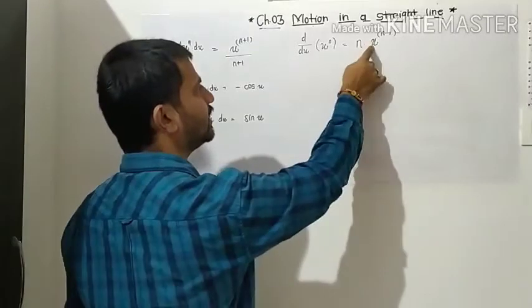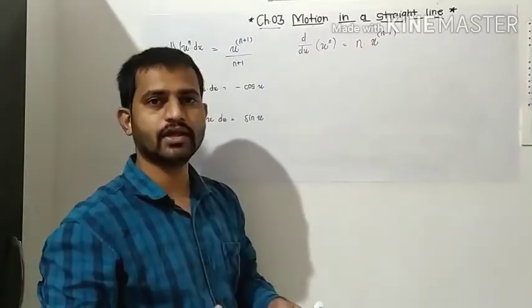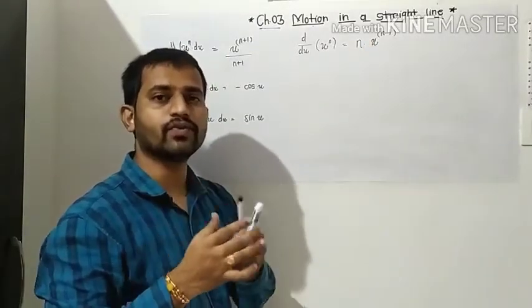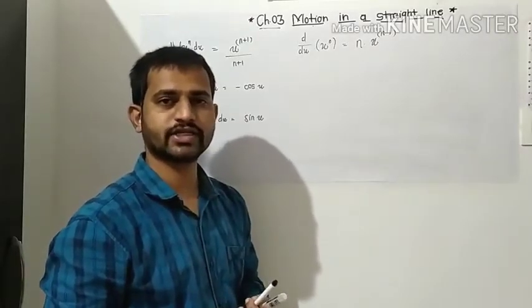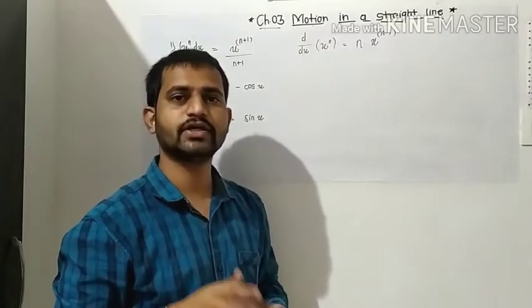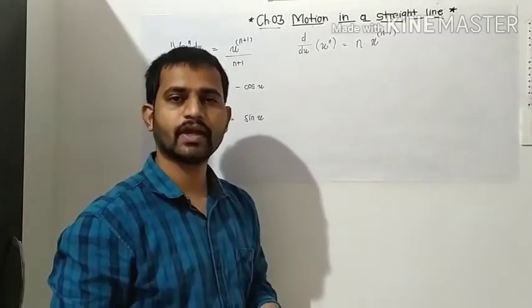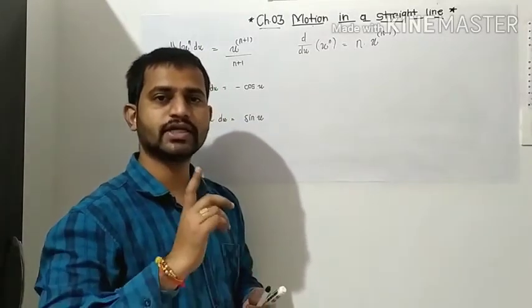Now if we take the integration of this term, and we get a definite value as the answer of the integration, then that type of integration is known as the definite integration.